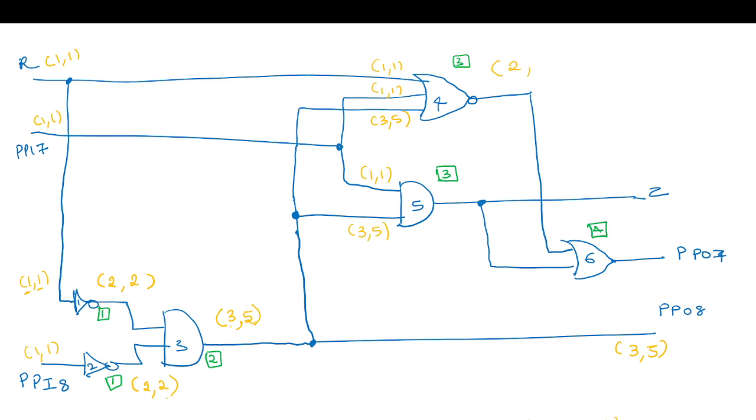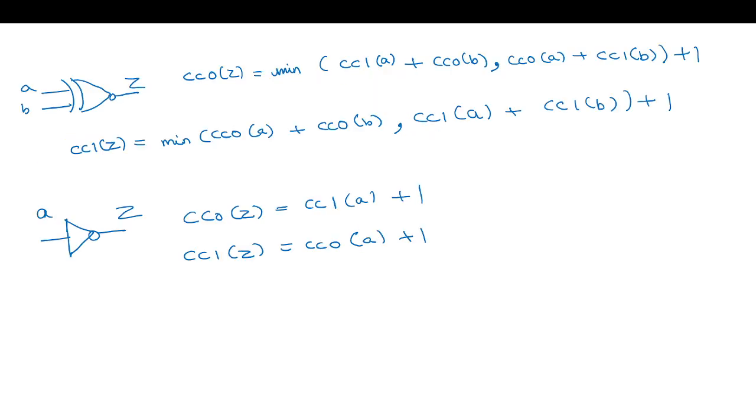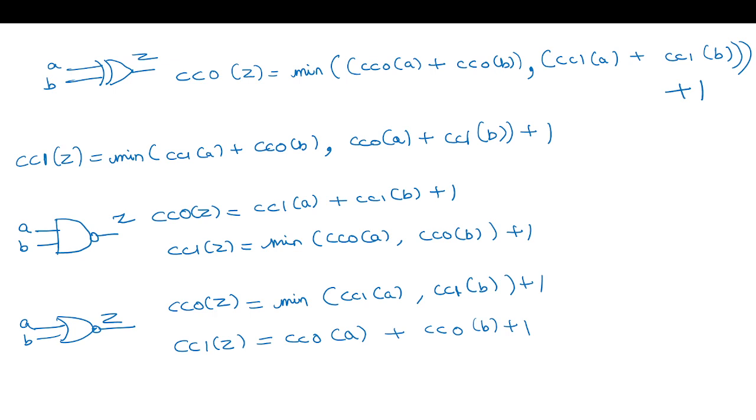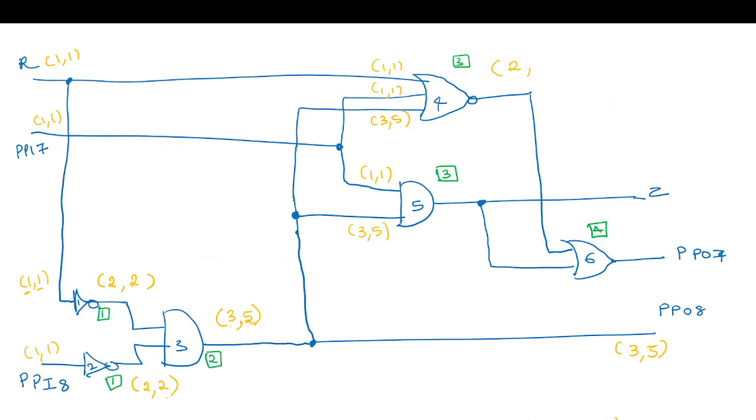For 0, all should be... wait a second. For a 0, the minimum we have taken. For 1, all should be 0, so that is 1 plus 1 plus 3, 4, 4 plus 1, 5.